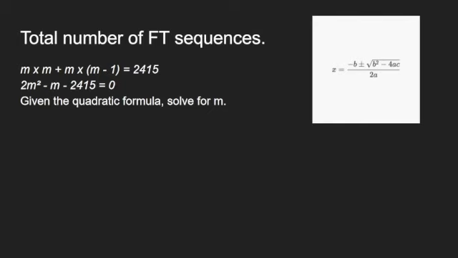So we can change that into a quadratic equation. So there are 2m squared minus m minus 2,415, and that should equal 0. So we can solve for m using the quadratic formula when the equation equals 0, and in this case it does equal 0.